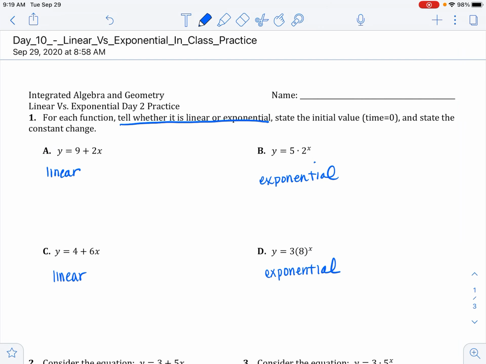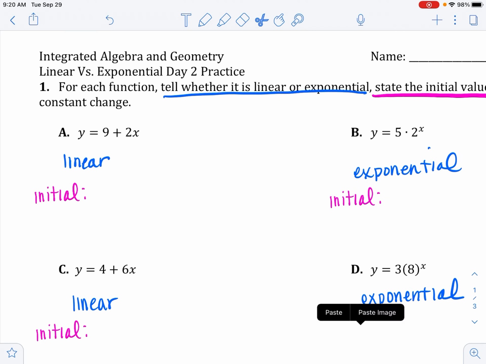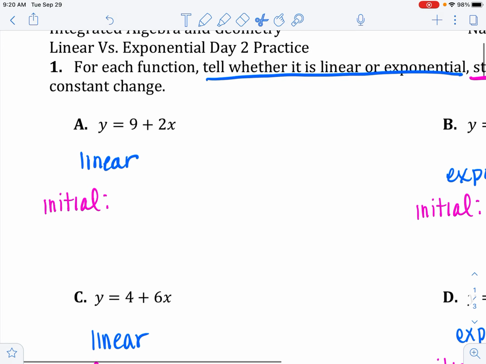Okay, the next thing that it asks in these problems is to state the initial value. So I'm going to put initial, and then I'm going to copy and paste that for each problem. Okay, so I want the initial value.